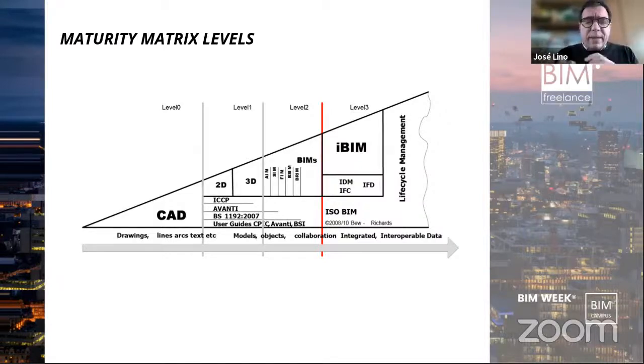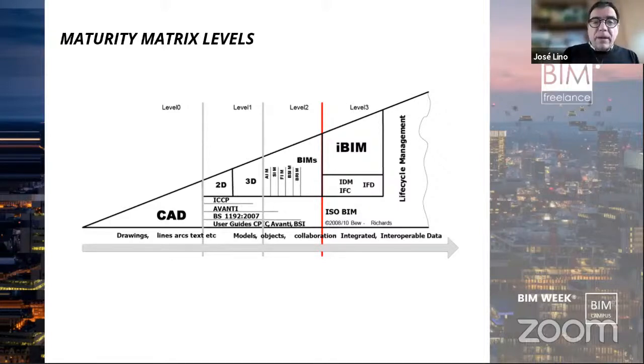That could be a database, could be a web service, we no longer need to call it a model, okay? Because everything is there and you can pick things from there, and you can even use this information to make the asset management and the life cycle management of your asset better, okay?